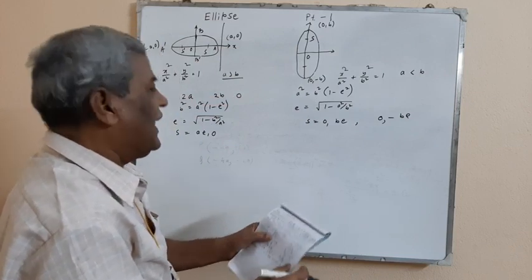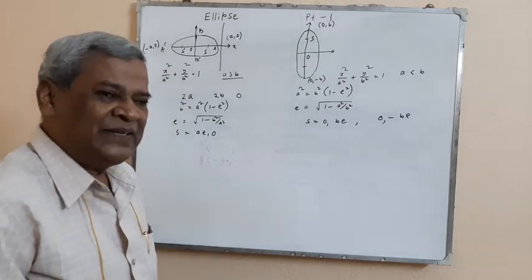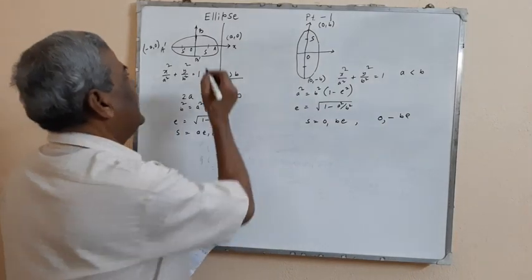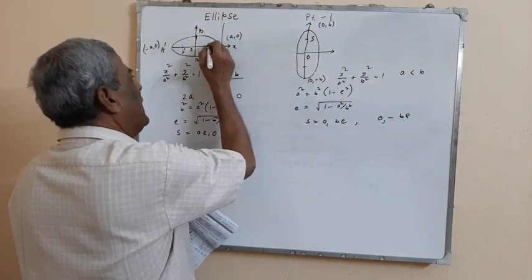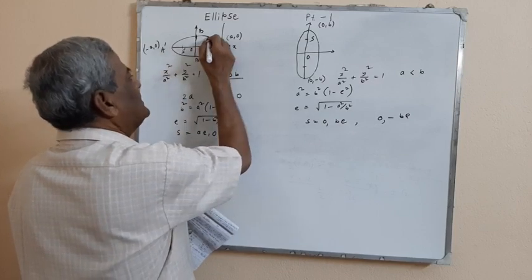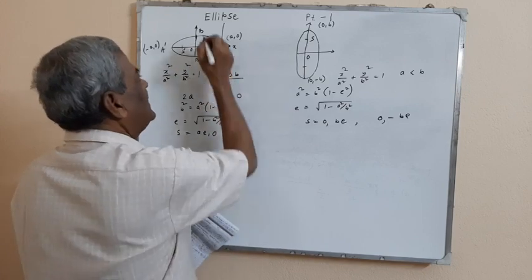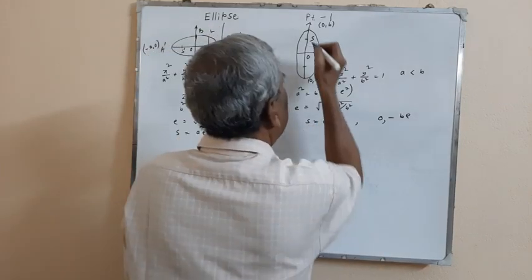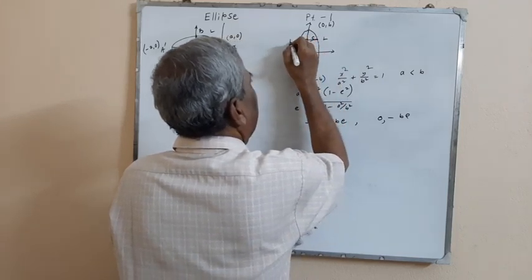The next is the length of latus rectum. The latus rectum, as I told you in the case of parabola, is a straight line passing through the focus and perpendicular to the major axis and terminated at the conic at L and L dash.